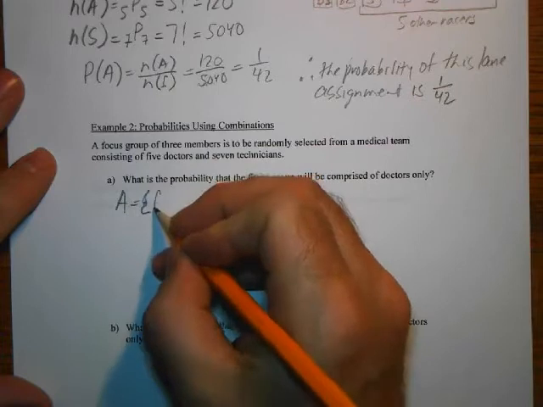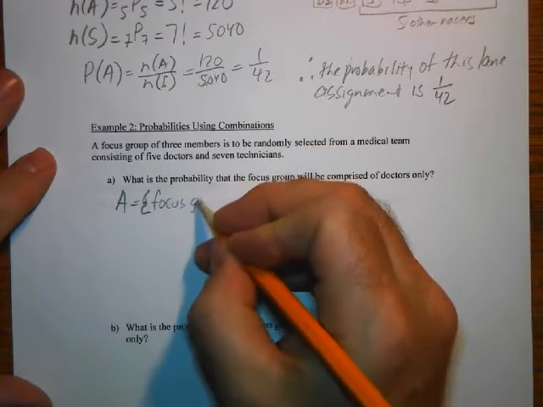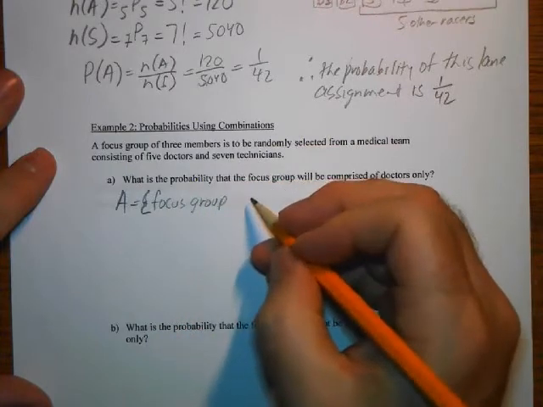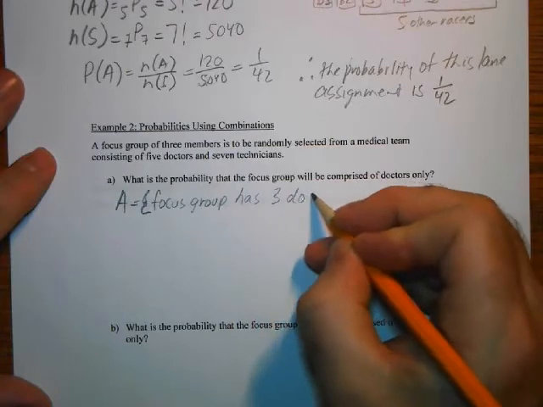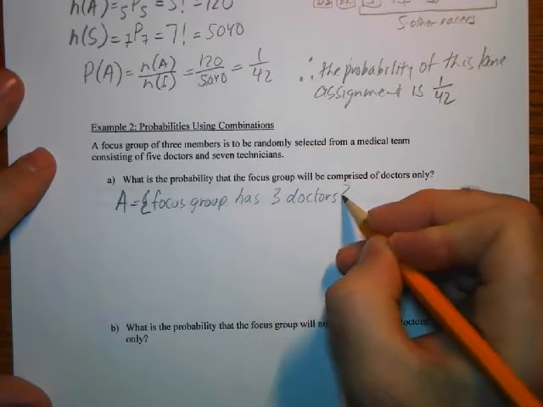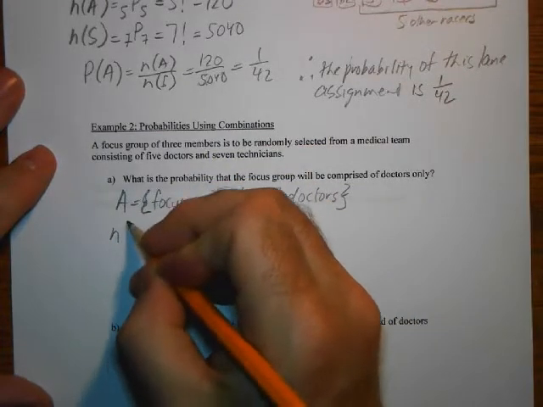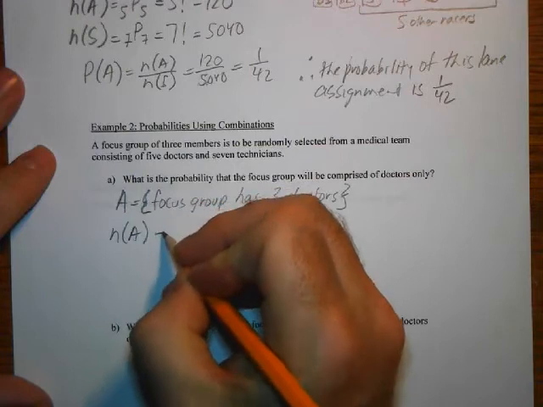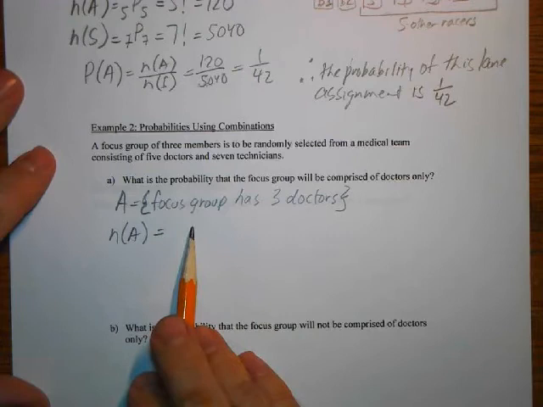So the event is the focus group has only doctors, or I could just say has 3 doctors, because that's the size of the focus group. Okay, so how many different focus groups could we have that are comprised of all doctors?